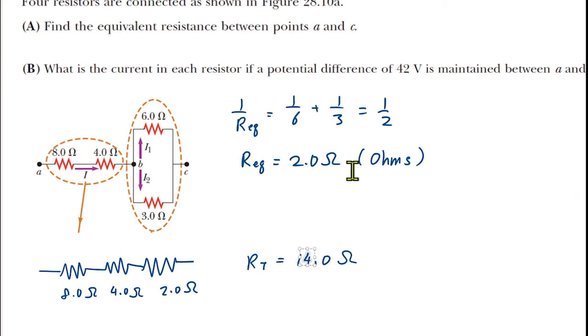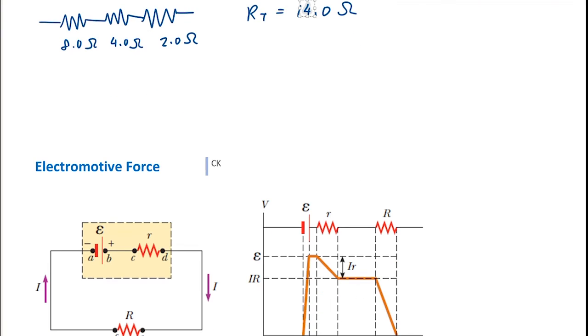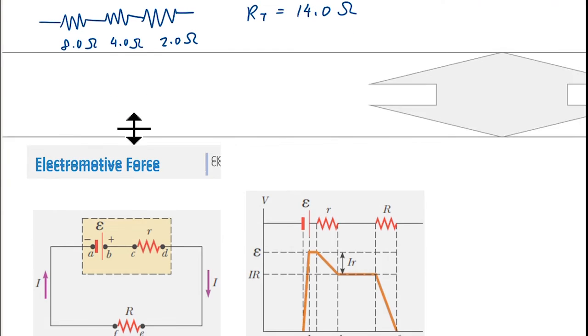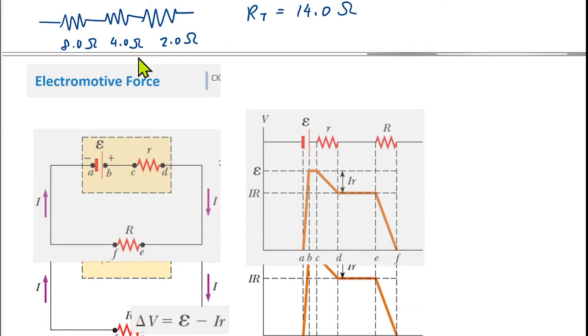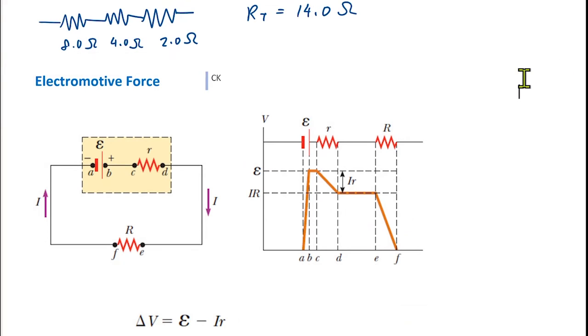Good? Any questions at this point? Then moving on, let's talk about EMF. There are so many definitions in this unit; math-wise it's easy, you just need to remember a whole lot of it. Electromotive force, number 1. This is not a force.